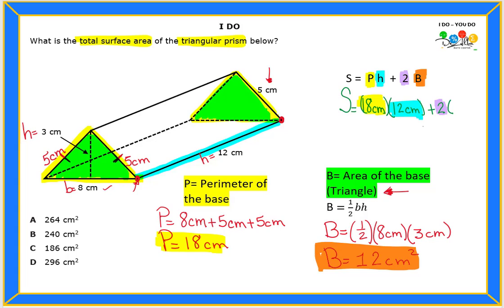Okay, so let's write it down on my formula. So I will write down 12 square centimeters. Okay, and hopefully you can see it. Yeah, it has green, right? So awesome. So now notice how I replaced the perimeter, the height, the 2 stays the same, and the capital B is area of the base.